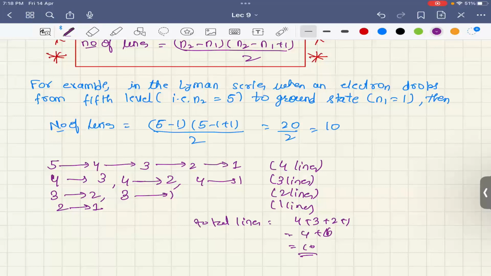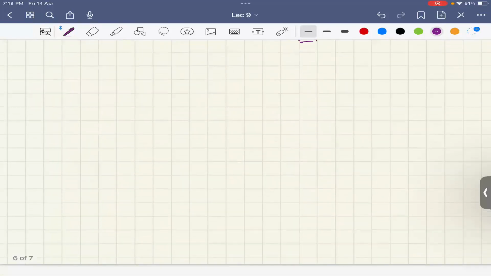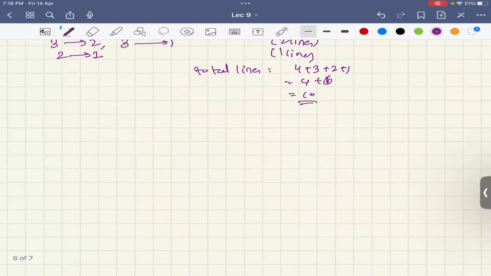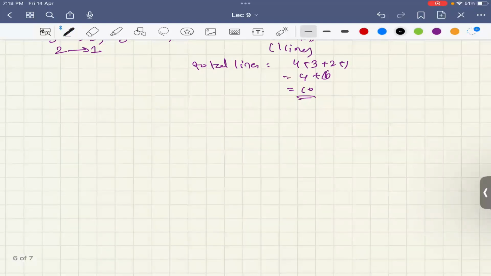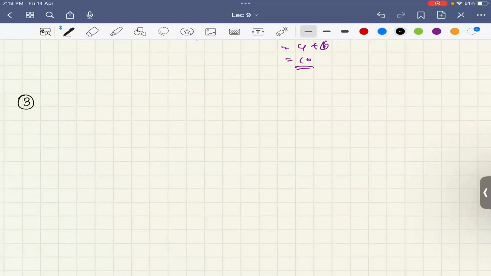So let us move on to the advantages of Bohr's model. Number three: Bohr's theory helped in calculating the energy of an electron in a particular orbit of the hydrogen atom.